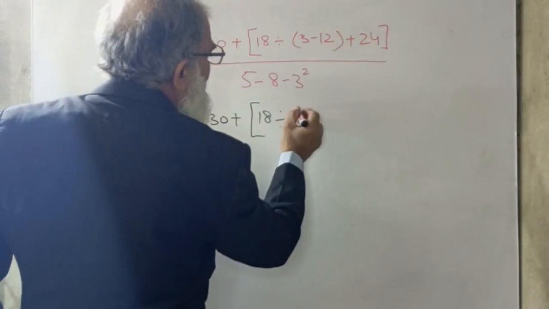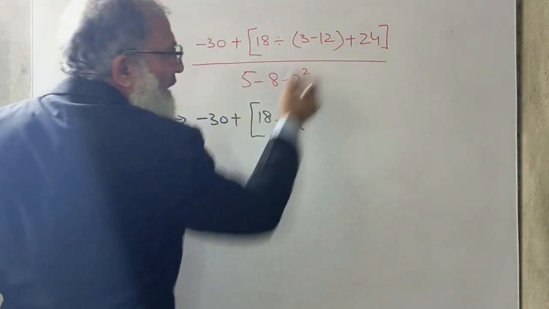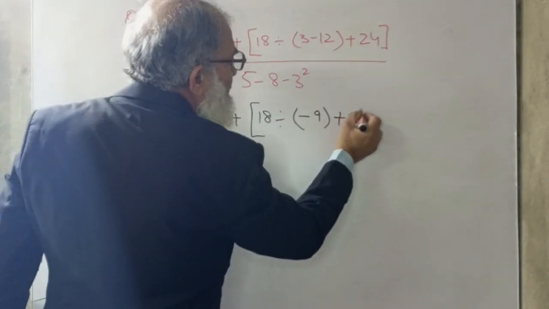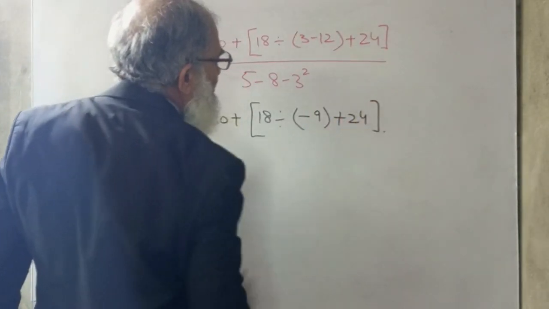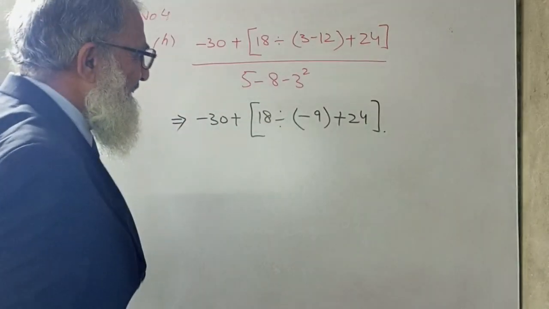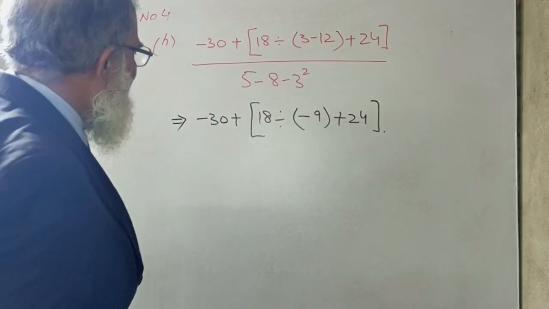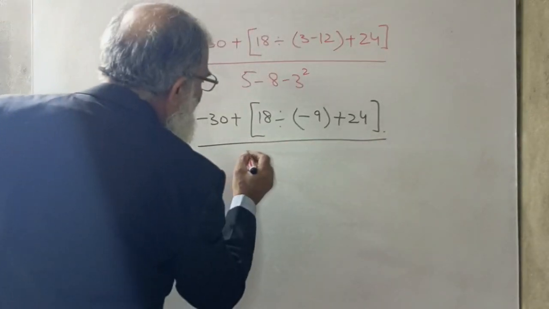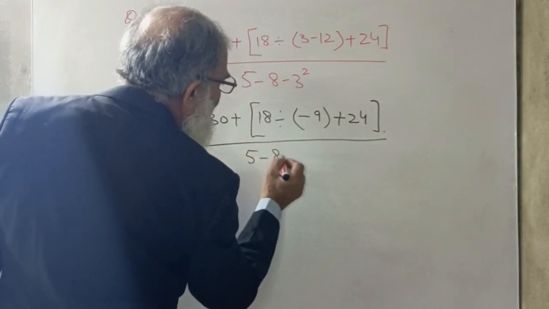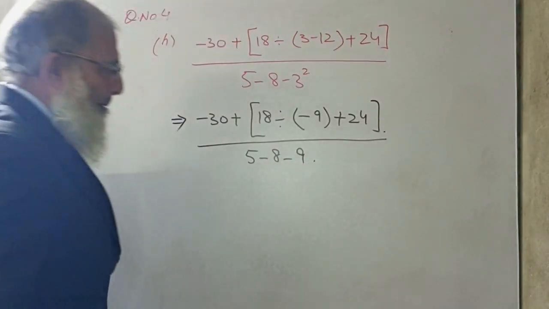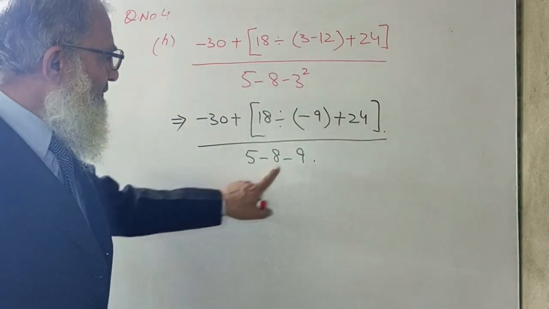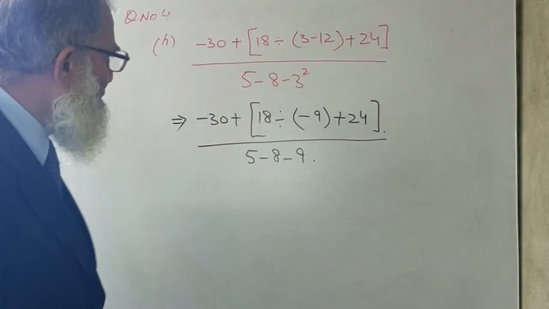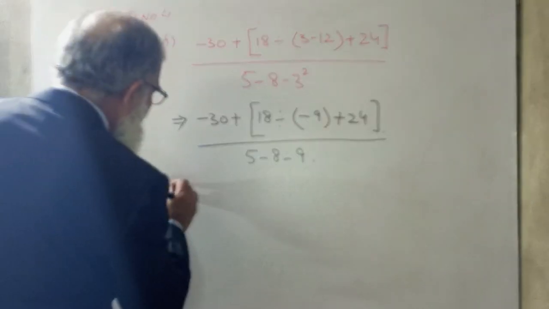Just solve this one now. 3 minus 12 is minus 9 plus 24. And 5 minus 8 minus 9. This becomes 9. The next step, what we do?